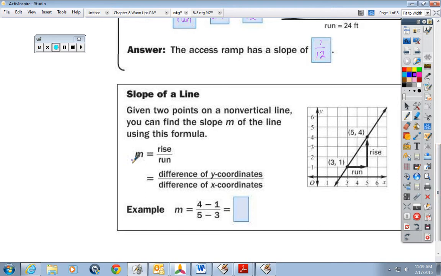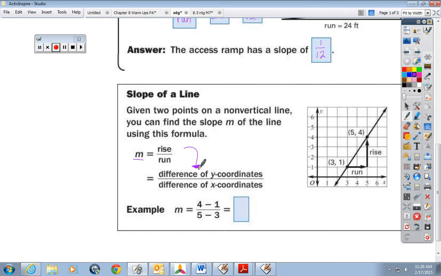Now to find the slope, we have to use the rise over the run. Now to use the rise over the run, we have to use this formula right here. Now this formula that they give you in your notes is rather vague, meaning it's not very specific. So I am going to give you the specific formula for finding slope.